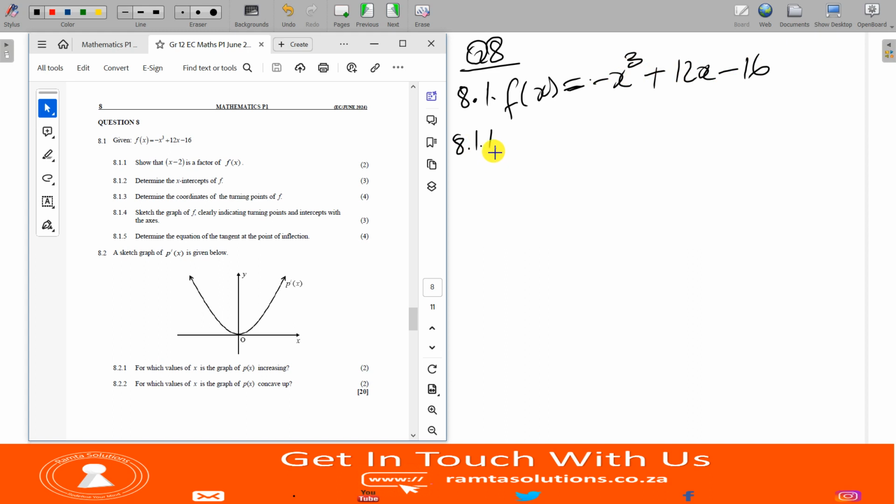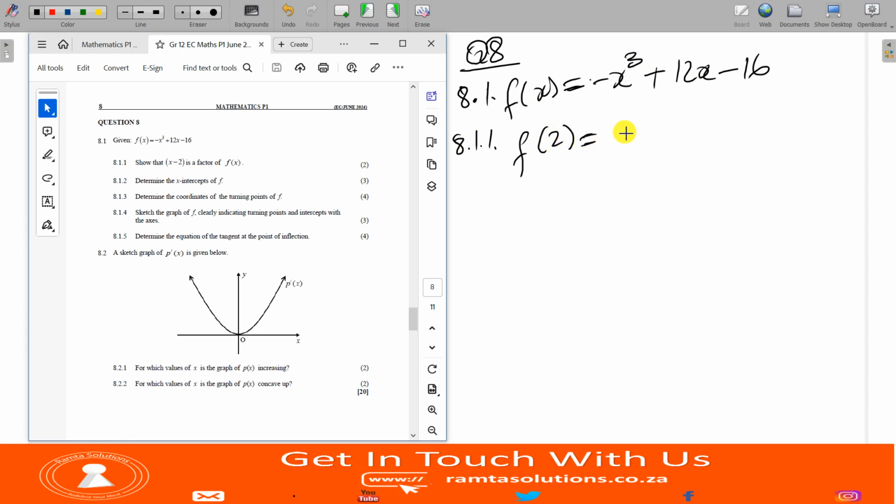To show that x minus 2 is a factor of this, we have two ways of doing this, guys. I can say we must find what f of 2 is. What is f of 2?